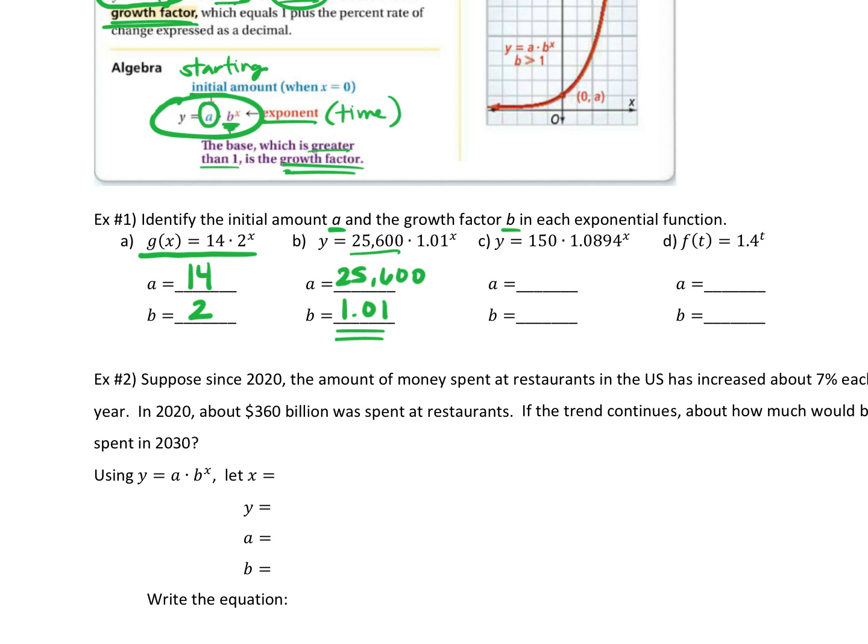So this is 101% each time that we're growing. All right, letter C. What is your initial amount, your starting amount? The 150. So you're starting with 150, whatever it is we're talking about. What's your growth factor? 1.0894.